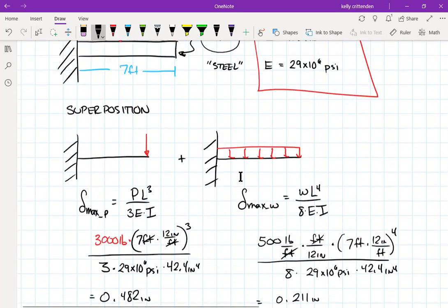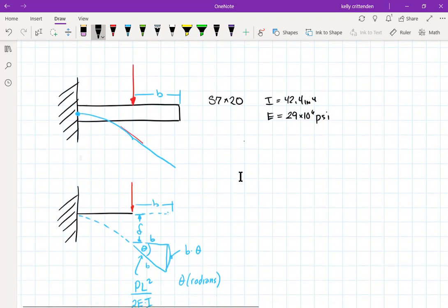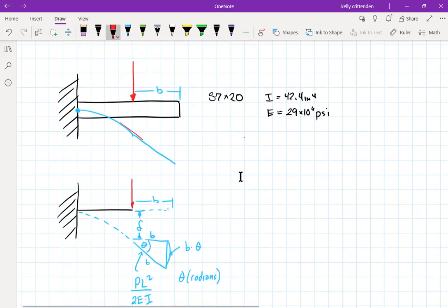And then let's put 5 kips, and let's make this 4 feet and this one 3 feet. What I labeled as B is 3 feet. So how you do this one is you do delta here. Let's use Y since they use Y in their equations. Y1, and this one will be Y2.